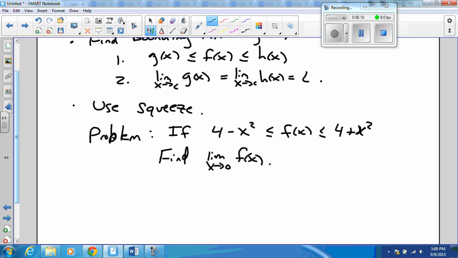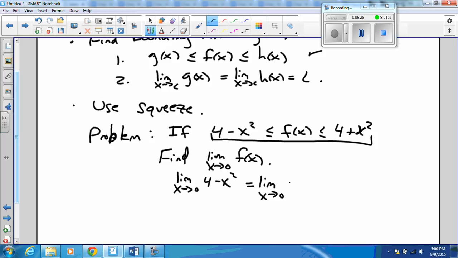So we see this set of inequalities, and just on a hunch we say maybe the Squeeze Theorem might apply here. We've already met the first condition. Now we just need to check the second condition. And lo and behold, the limit as x goes to 0 of both 4 minus x squared and 4 plus x squared are both 4. And therefore, we conclude that the limit as x goes to 0 of f of x is equal to 4 also.